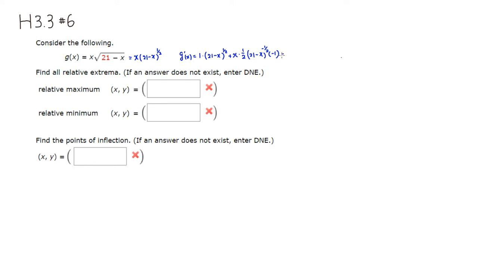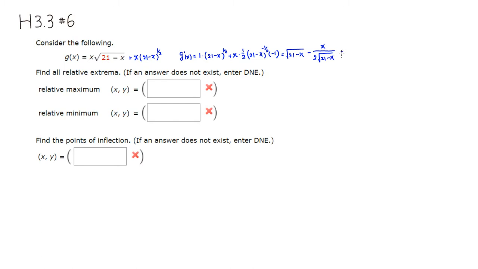So this is going to be the square root of 21 minus x, minus x over 2 square root of 21 minus x.